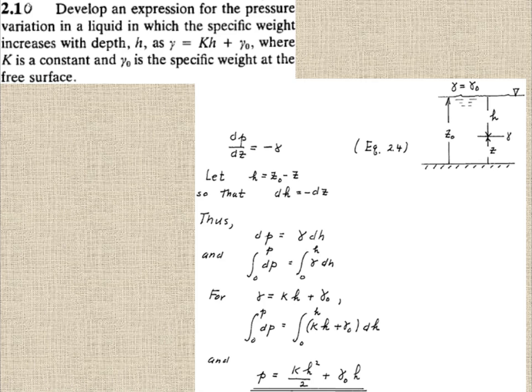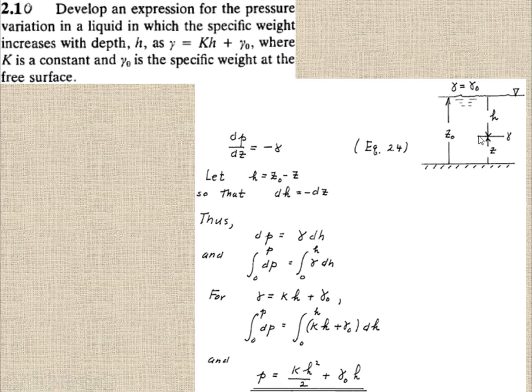Now we know that dp over dz is equal to minus gamma. This is the equation we derived. Since we have to develop an equation for the pressure variation with respect to height, we know dp over dz is equal to minus gamma.